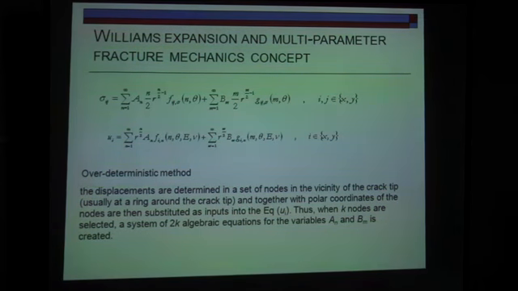For the calculation of the members of the Williams expansion, we use the overdeterministic method. This method is very easy to use. We take some values of the displacement from a ring, and then we put them inside the matrix, and we obtain the members of the Williams expansion.